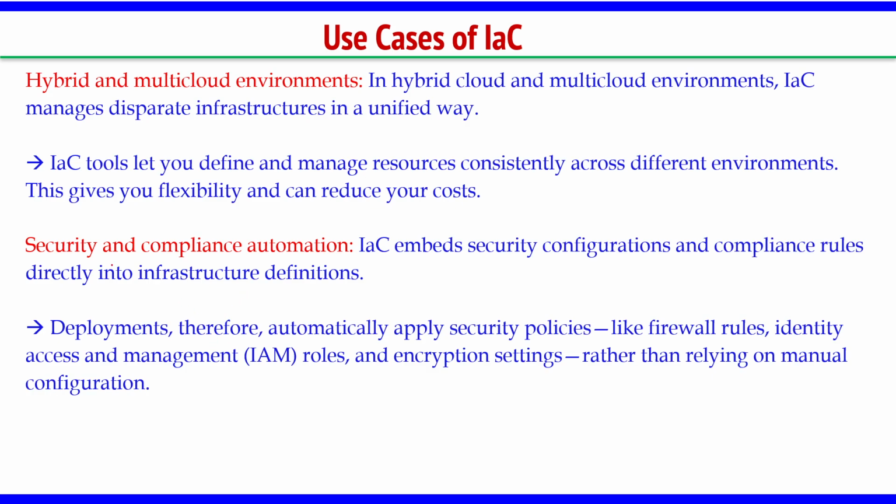And final one is the security and compliance automation, right? We write lot of rules. When coming to security aspect, we actually write lot of rules, right? We write firewall rules, identity IAM rules. In AWS we write lot of rules, and we do lot of encryption settings. So in every cloud platform, in every environment, whatever I set these rules, they can be easily copied and they can be easily executed.